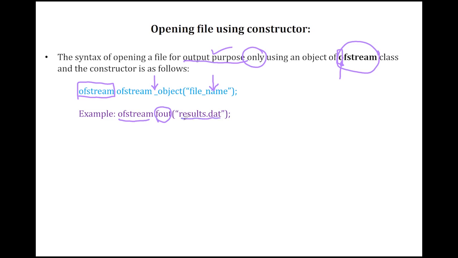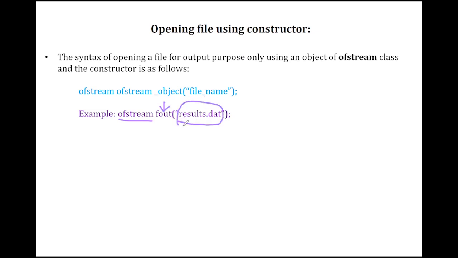This is the parameter I'm passing in for this object, and this is the file I want to open for output purpose only. So what is the syntax? I will write ofstream, that is the name of my class. Then I create an object of that class, and the file which I want to open for output purpose only, I will pass as a parameter. Very simple. This is the syntax.